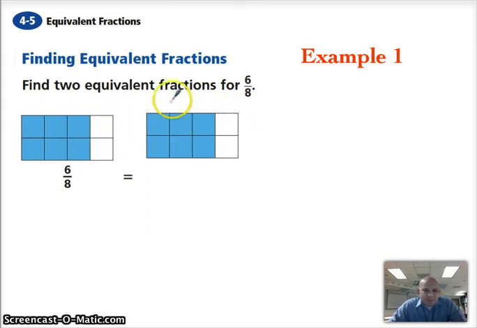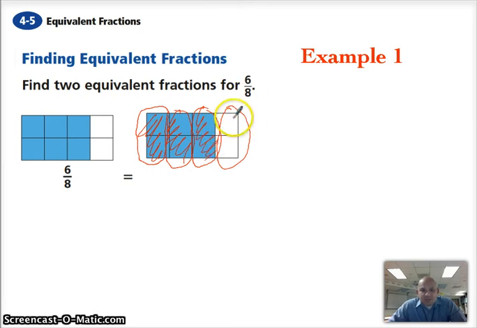But this time, I'm going to look at this as divided into fourths. There's 1 fourth, 2 fourths, 3 fourths, 4 fourths. Equal sizes, but there's 3 of the 4 sections shaded in. So 6 eighths is the same thing as 3 fourths.